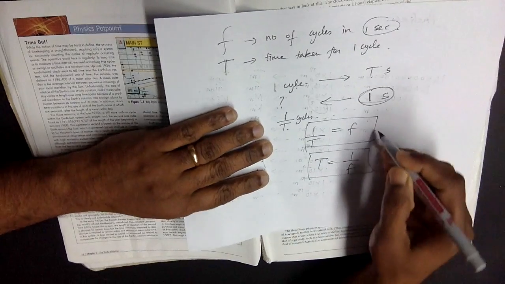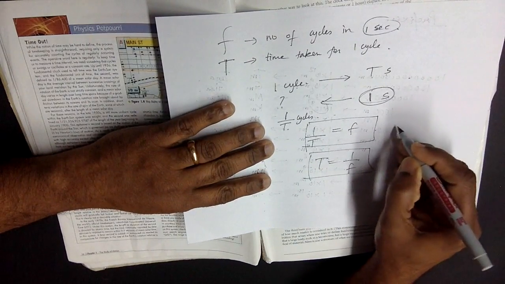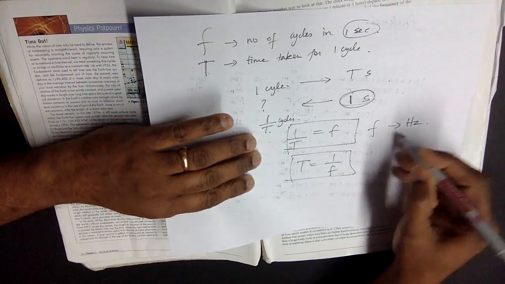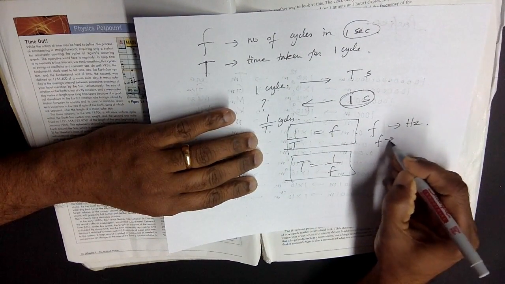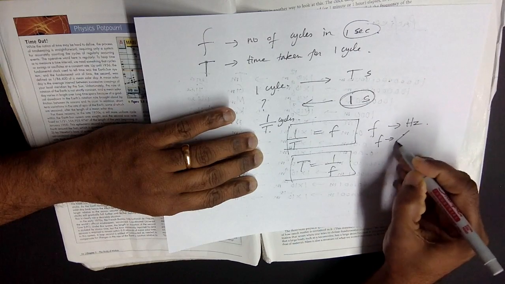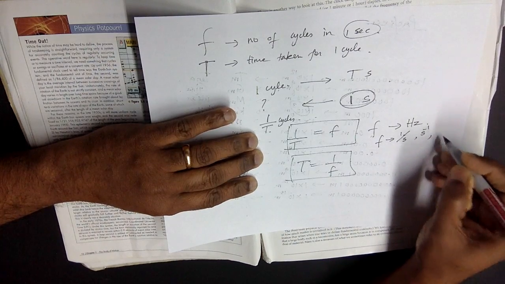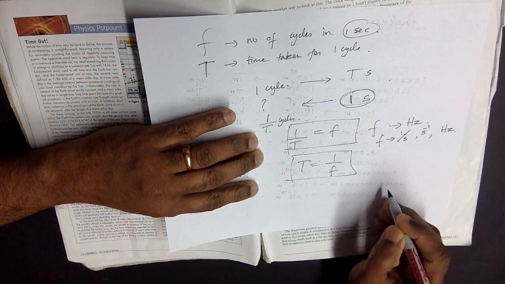Now frequency is measured in a unit called hertz. Frequency is measured in hertz, because you can see frequency is per second. Also you can say second to the power of -1, or simply hertz.